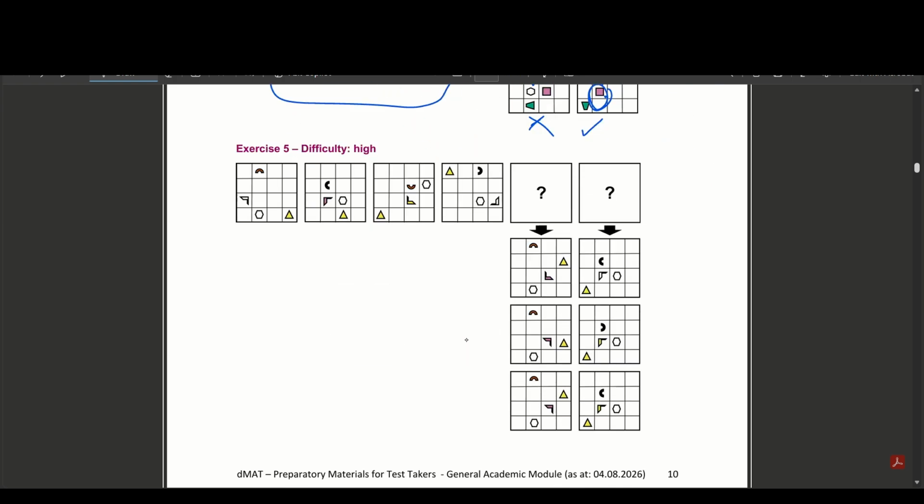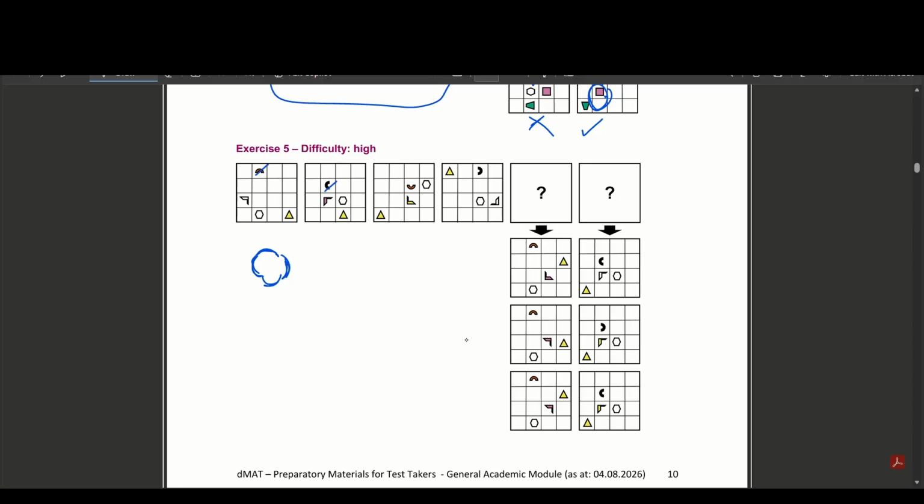Now move to the next question here. So basically, first of all, we have to learn this figure in alternate color. Basically, it is like a wheel. First part of wheel, then second part of wheel, then third part of wheel, then fourth part of wheel.